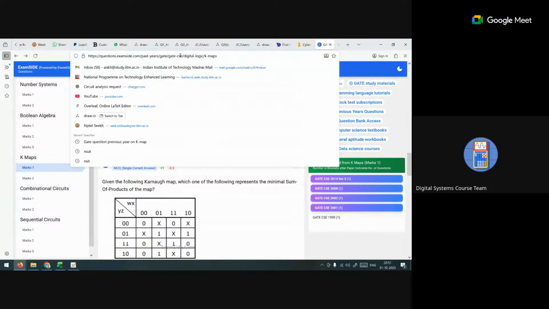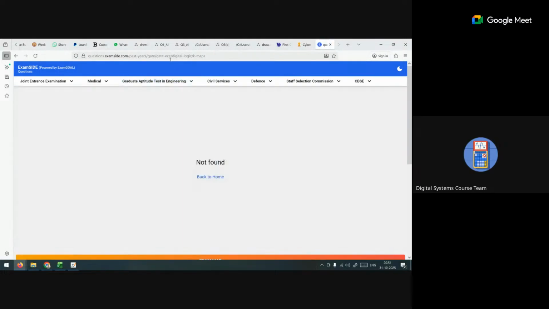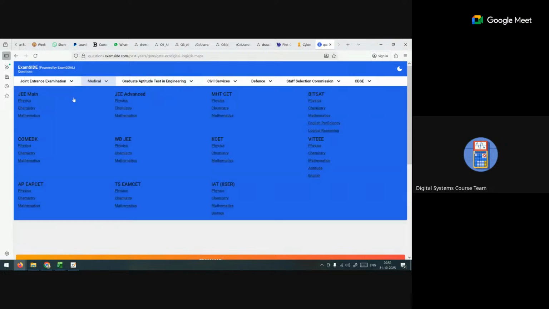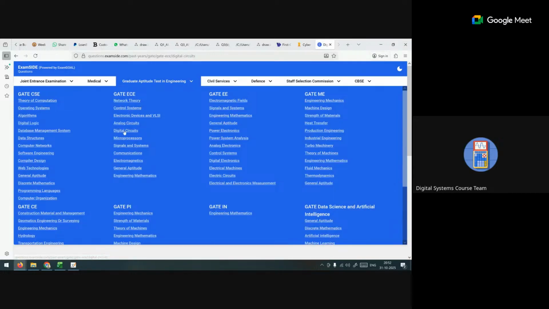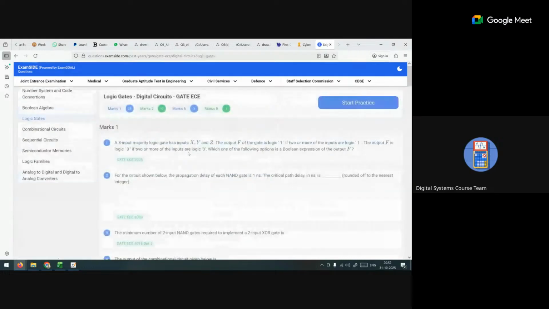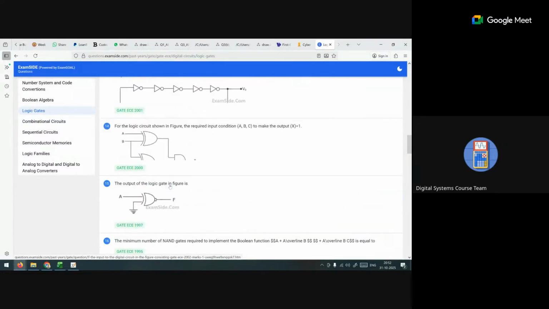Now, if we go for the EC GATE digital circuits, in the EC KMAP, this is not there.